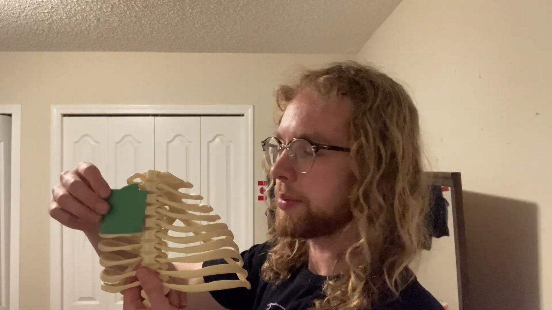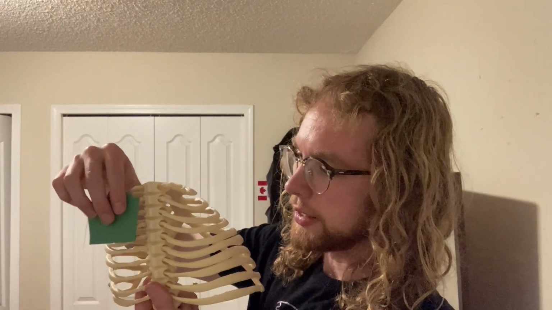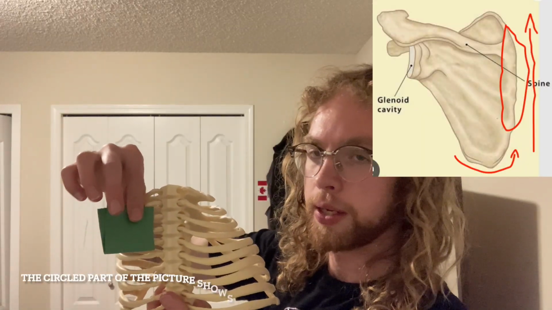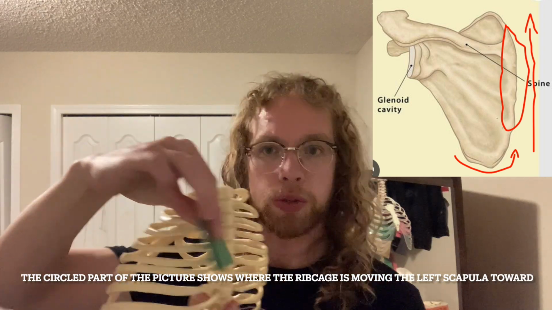So with the left hemi rib cage, we are elevating. So this scapula is higher. It's sitting higher than the right. So this is the left scapula. And it's also externally rotating. So the edge of the scapula is coming off like so.